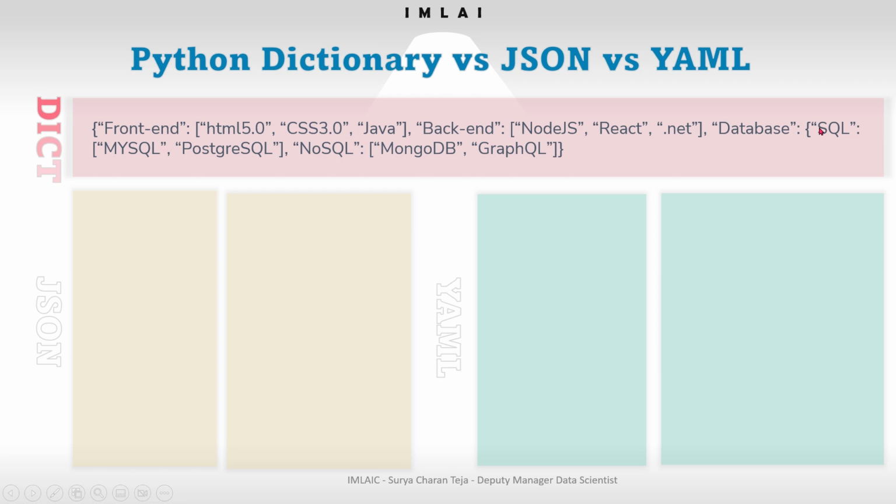In a database we can have a relational database or a non-relational database. A relational database uses SQL, a structured query language, whereas NoSQL means no structured query language. For SQL we use MySQL and PostgreSQL, whereas for NoSQL we use MongoDB and GraphQL.